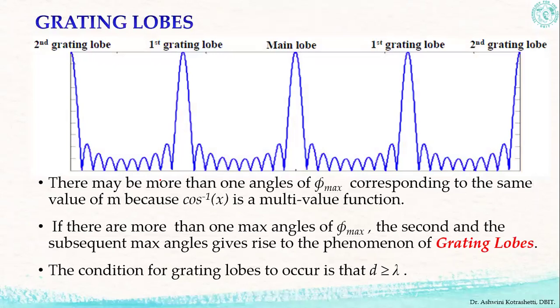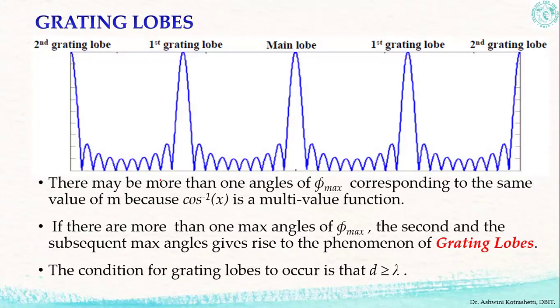Now, you have noticed that there was a beam. You had the major beam. Around the major beam, you are going to see some other beams coming in. They are called the grating lobes. This happens in arrays, not in a single antenna, because you have individual antennas coming together.